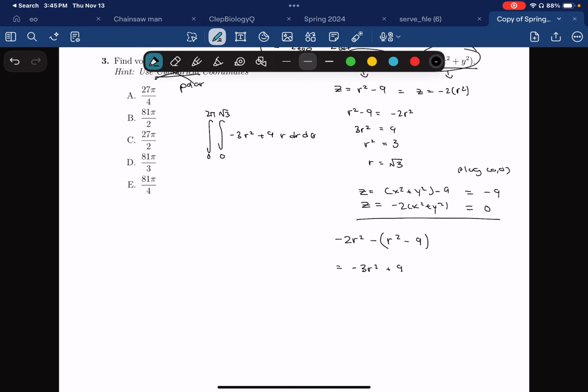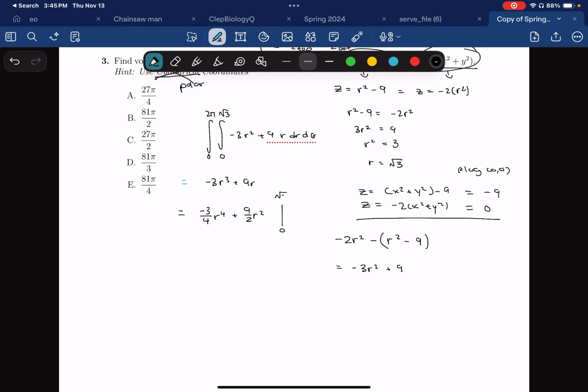So we can evaluate this now. This will get us, simply by evaluating this, we start off with 3r cubed plus 9r, and that will equal out to negative 3 over 4 r to the 4th plus 9 over 2 r squared from 0 to square root of 3.